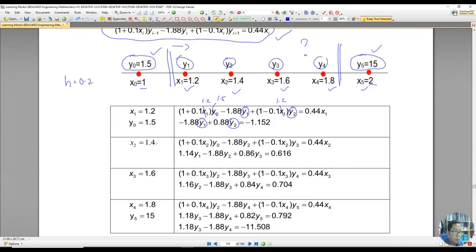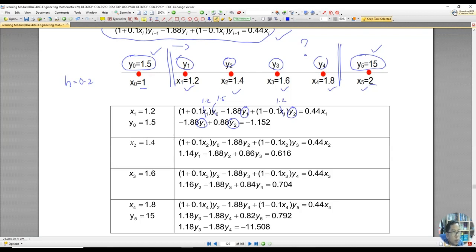When x2 equals 1.4, what is any number that we know? From here we don't know the value of y1 and y2, but y0 we already know. So based on this equation, 1 plus 0.1 x2, do you know what the x2 value is?